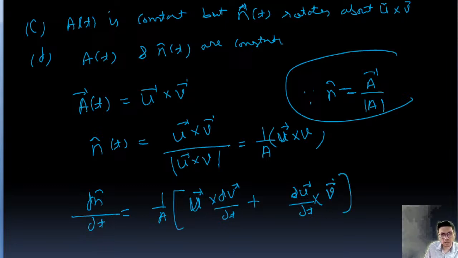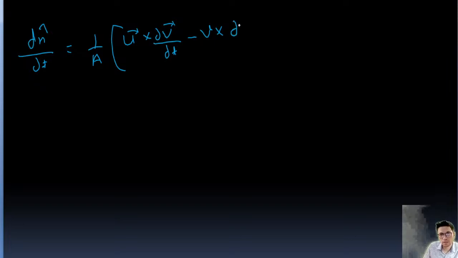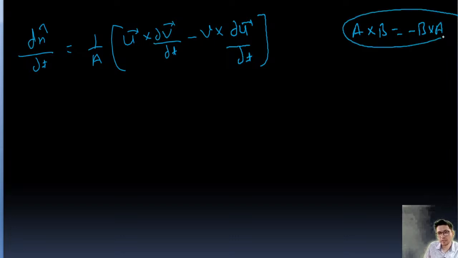Now we can write this as minus V cross du upon dt, because of the vector property, right? A cross B equals minus B cross A. This is the vector property.